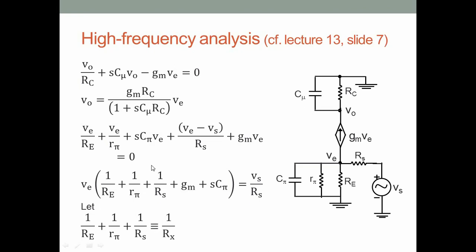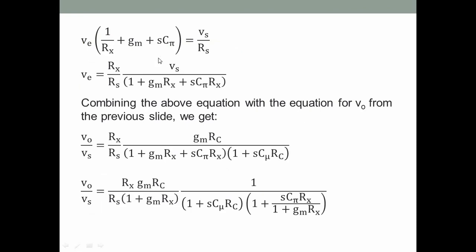For now, let us call this quantity, the three resistors, they are obviously like three resistors in parallel here. So let us call that parallel combination 1 by Rx. So we'll get VE into 1 by Rx plus GM plus S C pi equal to VS by RS. So that is written here.